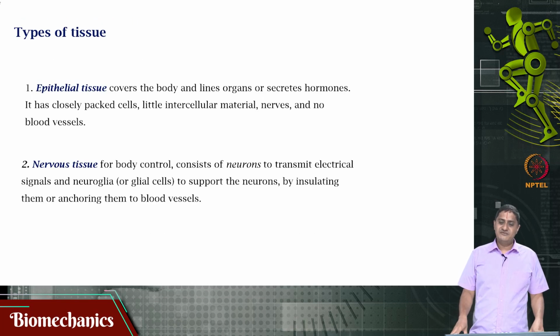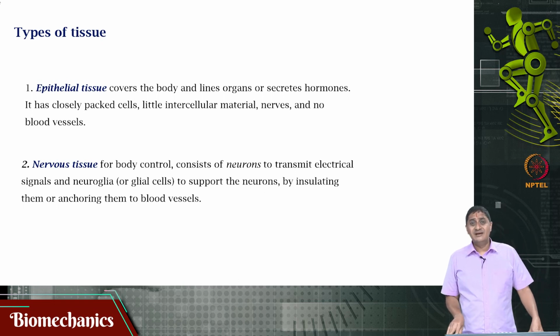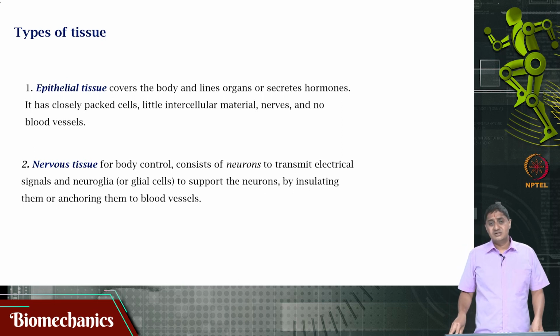There are many types of tissues and there are many ways of classifying tissues. One common way in which tissues are classified is by their function, like what they do: skeletal tissue, muscle tissue, nervous tissue and so on and so forth. So, they have specific functions and based on that they are classified. But here we restrict our attention to material properties.